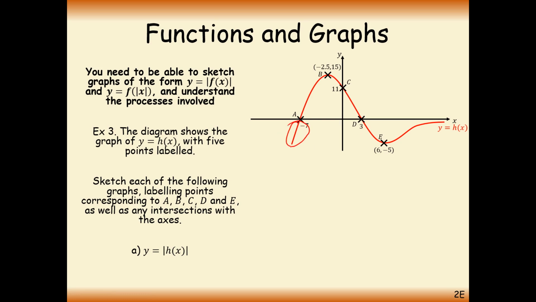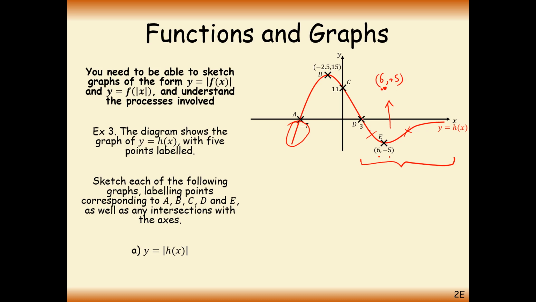However, this part and this part here, where it's below the x-axis, will have to be reflected up, and we have to somehow get rid of this section. So the point E at 6, minus 5 will go to positive 6, where the x value doesn't change, but the minus 5 will become a positive 5.